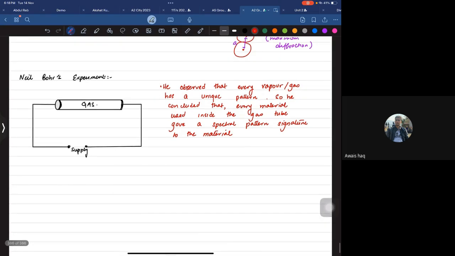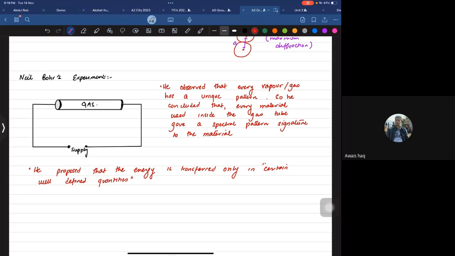So he proposed that the energy is transferred only in certain well-defined quantities.